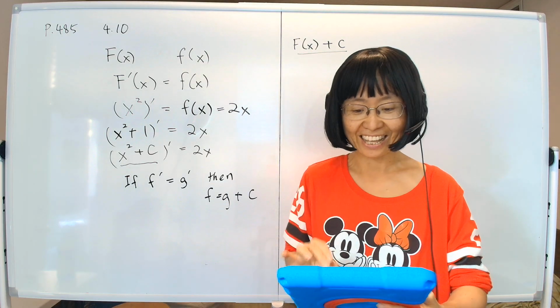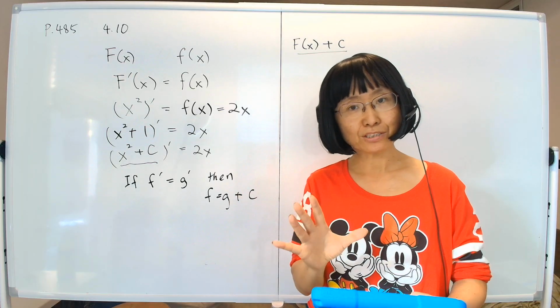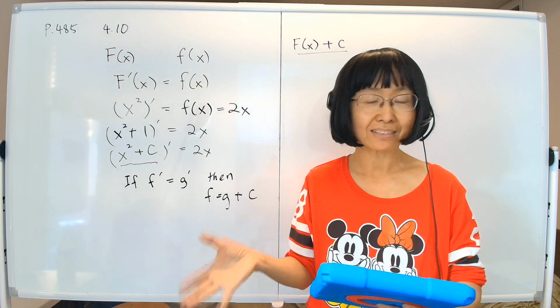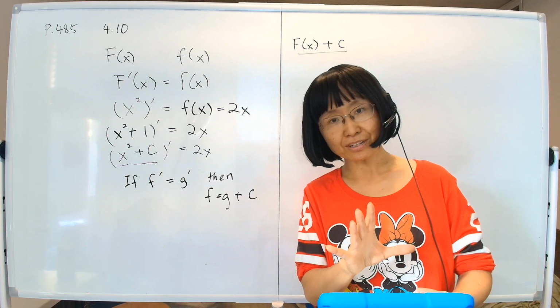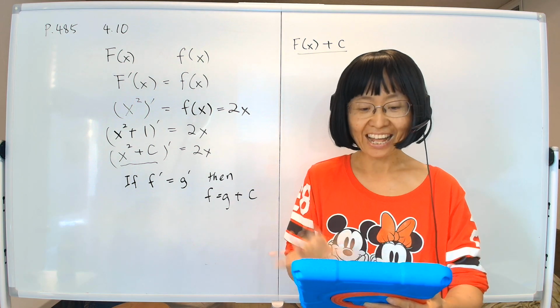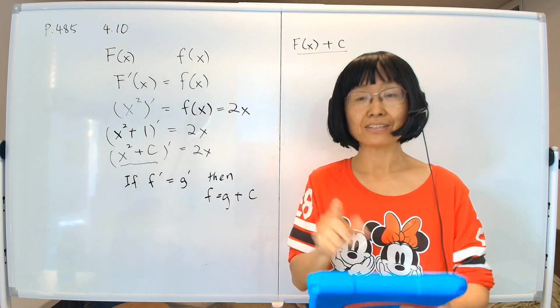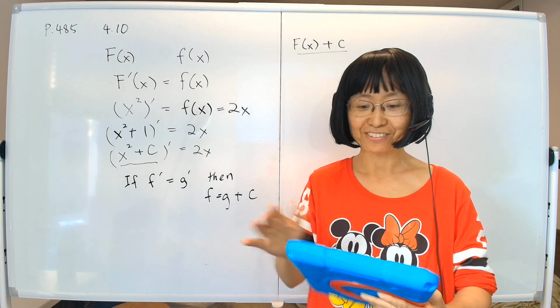I'll let you think about that. Similarly, part B, can you think of a function whose derivative is 1 over x? Strain your brain a little bit. And part C, can you think of a function whose derivative is cosine x? Think some more. And lastly, can you think of a function whose derivative is e to the power x? These 4 things.